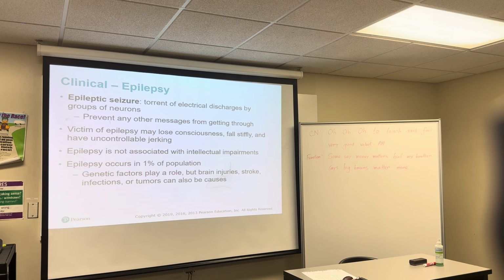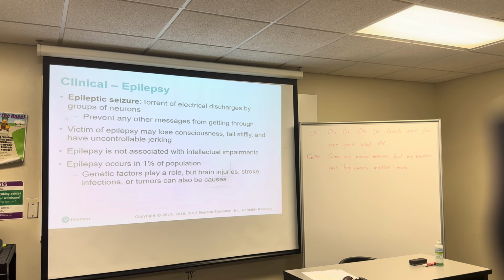What about the delta? During the deep sleep. Okay. So now, have you ever heard of epilepsy, epileptic seizure? A torrent of electrical discharge by a group of neurons prevents any other messages from getting through. Victims of epilepsy may lose consciousness, fall stiffly, and have uncontrollable jerking. Have you ever seen a seizure?